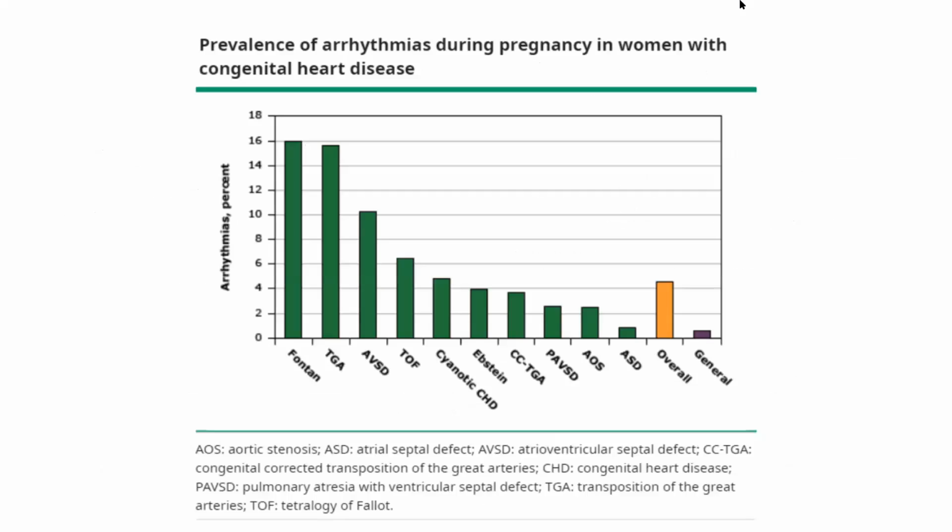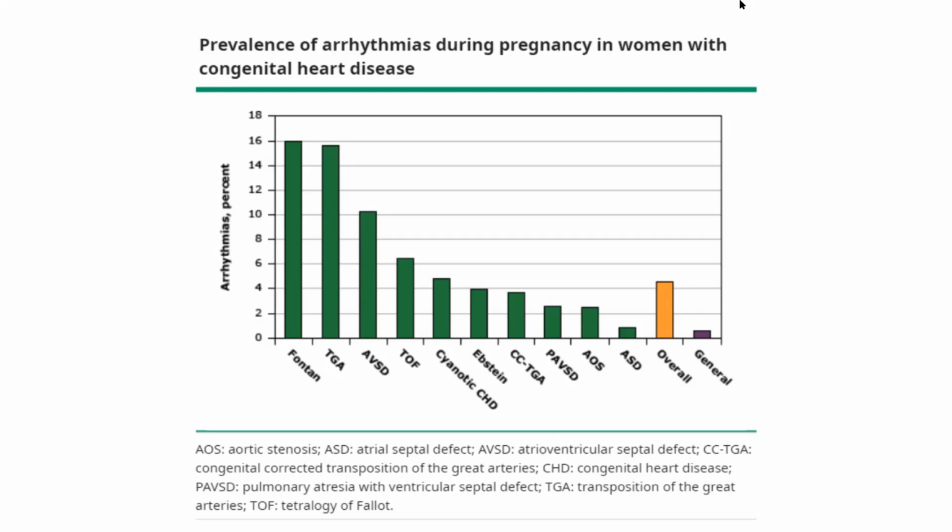Next slide, please. The prevalence of arrhythmias during pregnancy in women with congenital heart disease. Okay, here is a chart that shows overall which patients with congenital heart disease have a prevalence for arrhythmias.